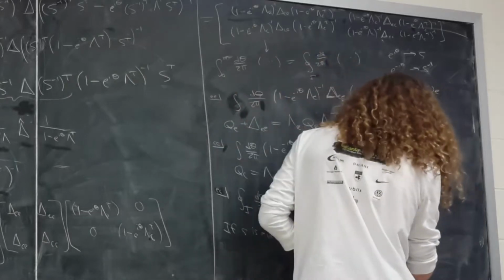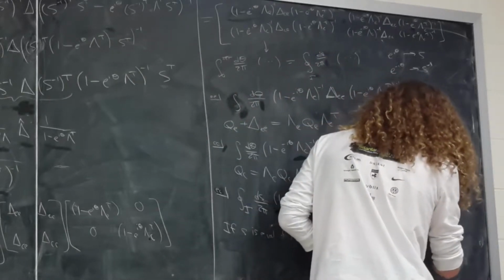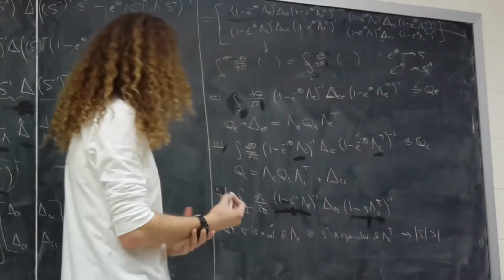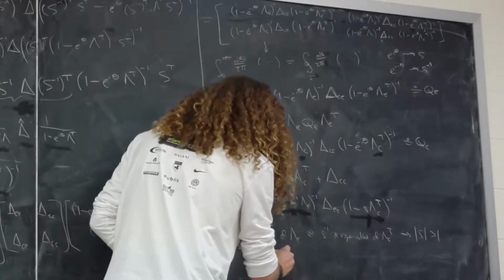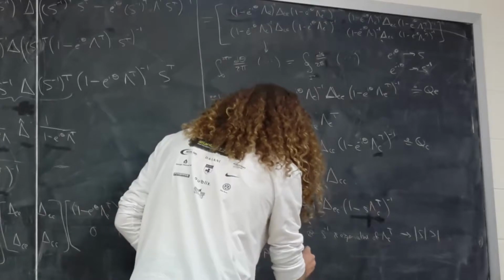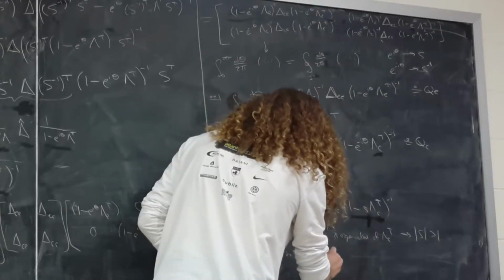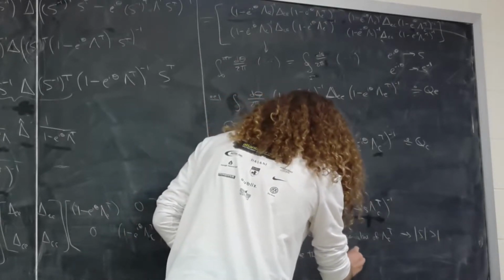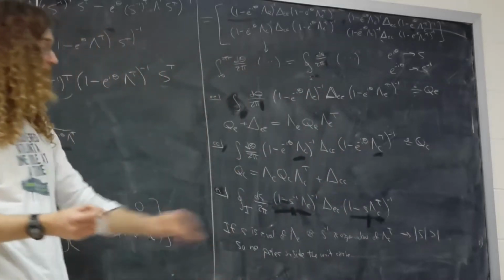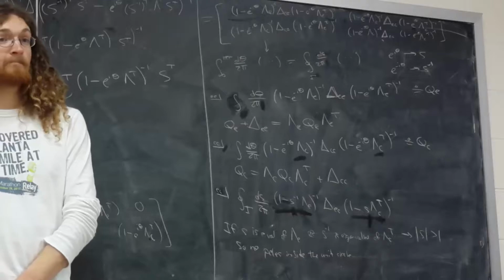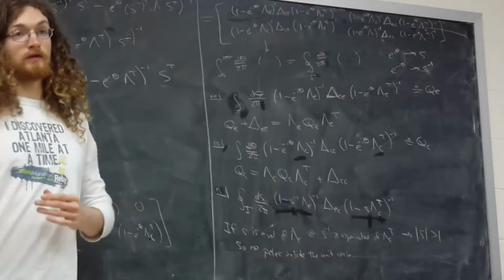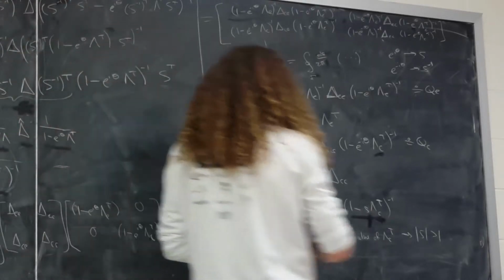So you don't have a pole inside the unit circle. So there are no poles inside the unit circle, and this integral is 0. So you can just integrate around a contour containing the unit circle.